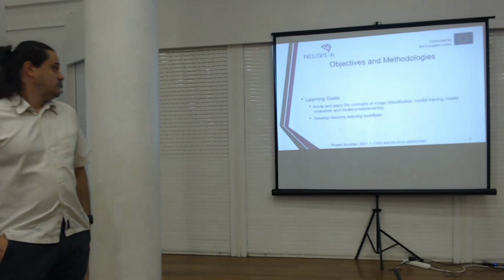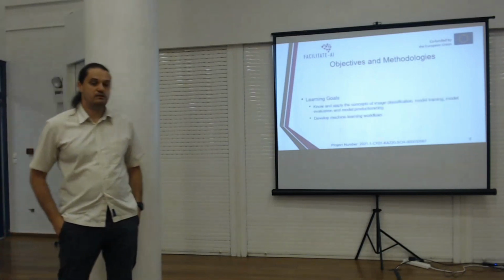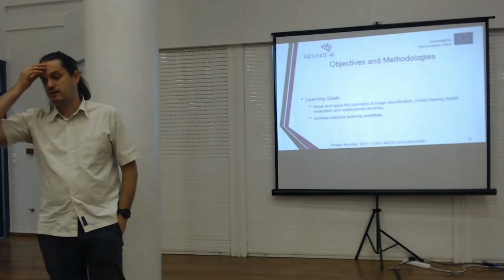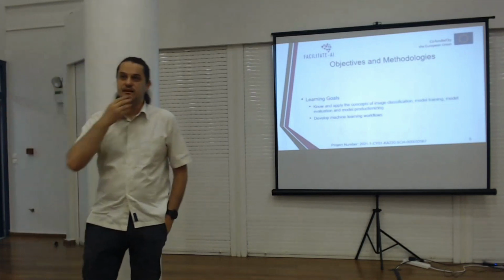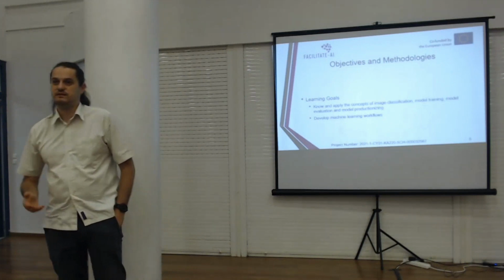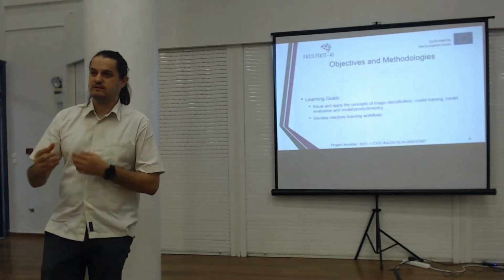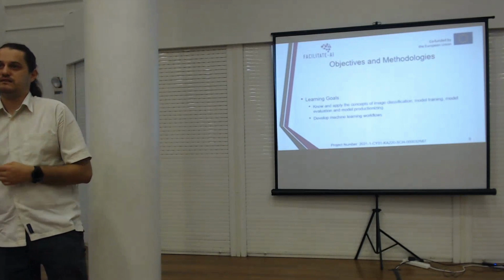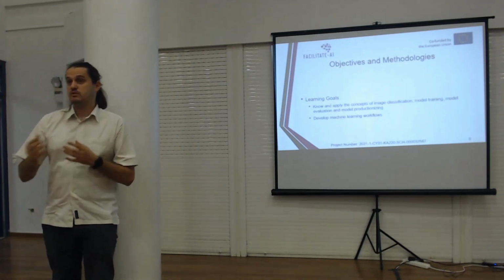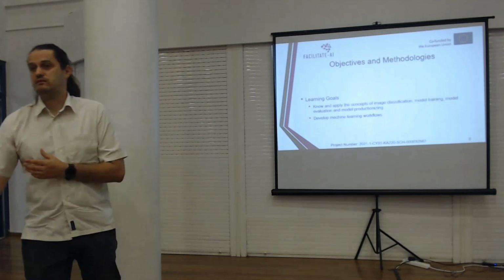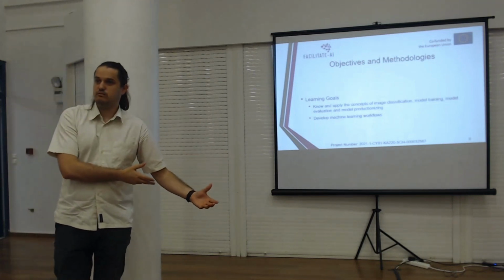So the goal is for the student to understand why sometimes there are models that make the news because they are deemed racist, because they cannot classify a certain race of people or gender. And most of the time, it's not because of the algorithm, but because of the data that was used in training.